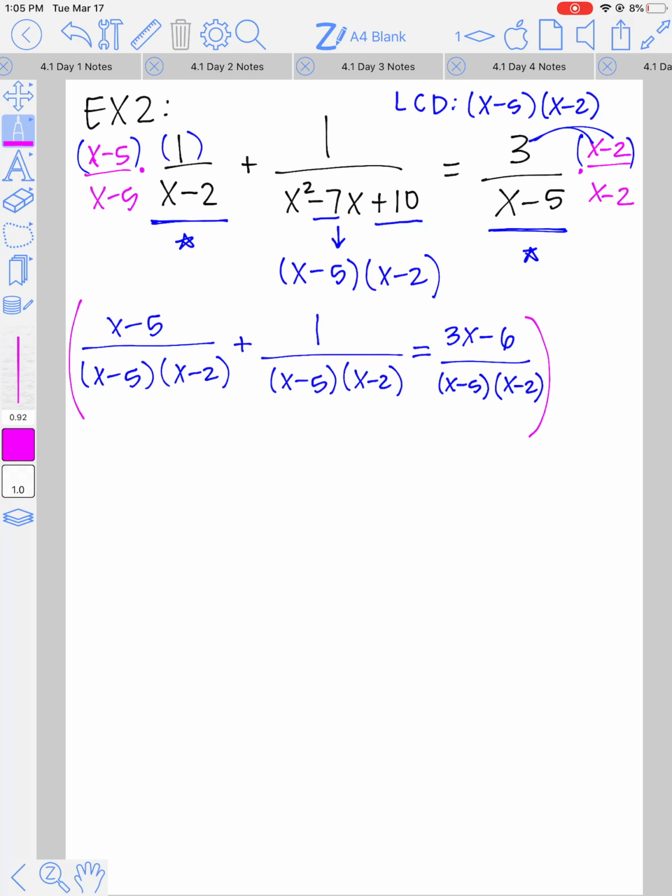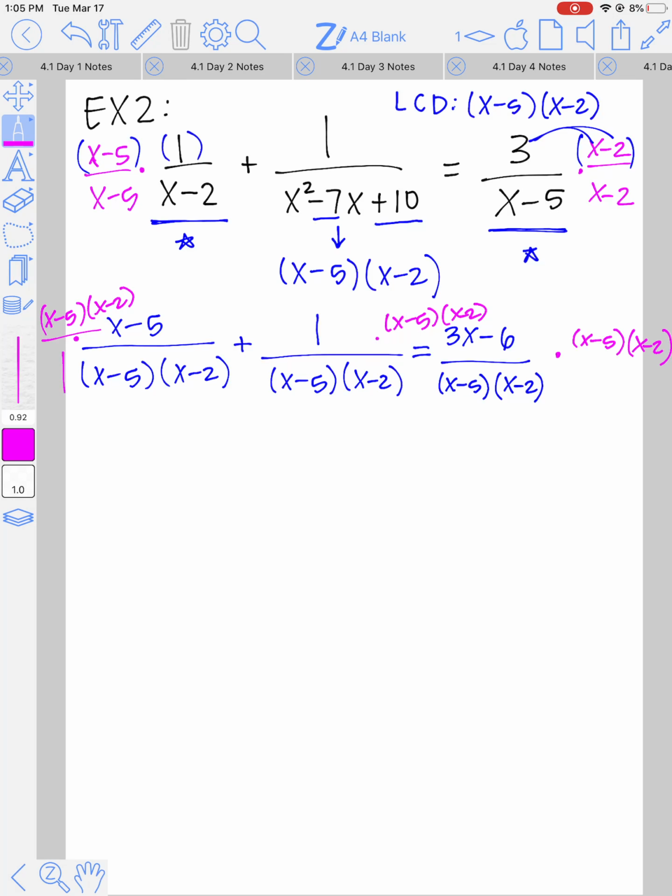We're going to take all of this and multiply everything by x minus 5 times x minus 2 over 1, times x minus 5 times x minus 2. Sorry if it's getting squished.